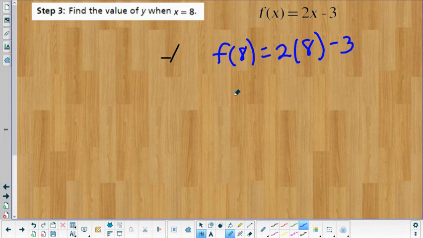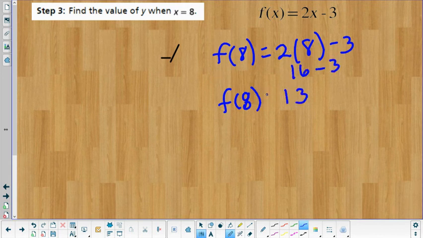Okay, remember, f of 8 is just the name. Let me bring 8 down. 2 times 8 is 16. 16 minus 3 gives me 13. So that tells me 8 hours later, which I believe was 2 p.m., our temperature was 13 degrees Fahrenheit.